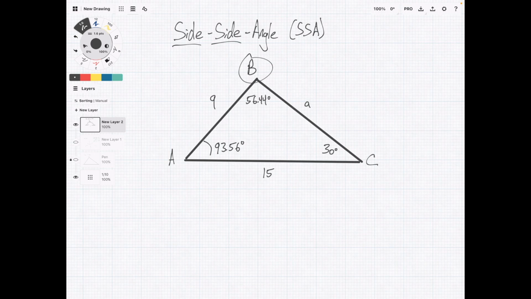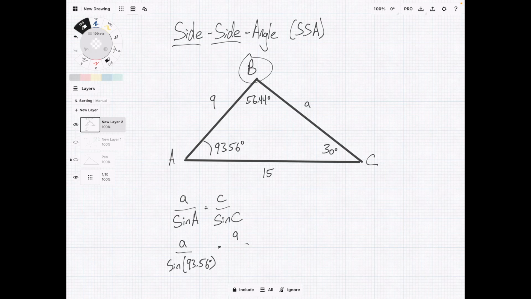For step 3, since we know more angles than we know sides, we're going to put the angles on the bottom. So we're going to have a over sine of A equals c over the sine of C. Then we can plug in what we know. We don't know little a, but we do know big A, 93.56. So a over sine of 93.56 equals 9 over sine of 30.